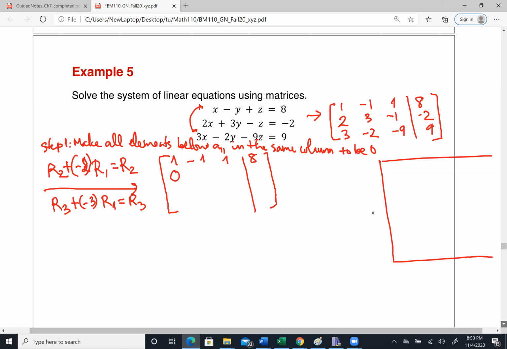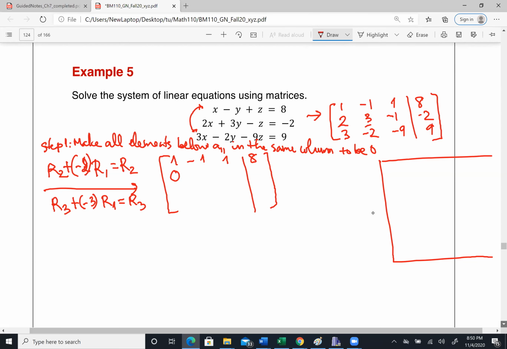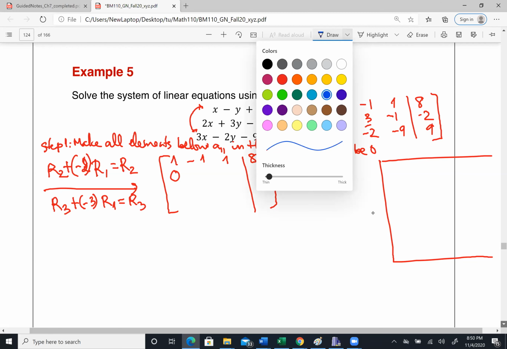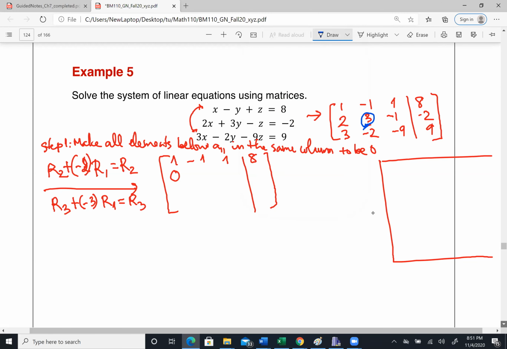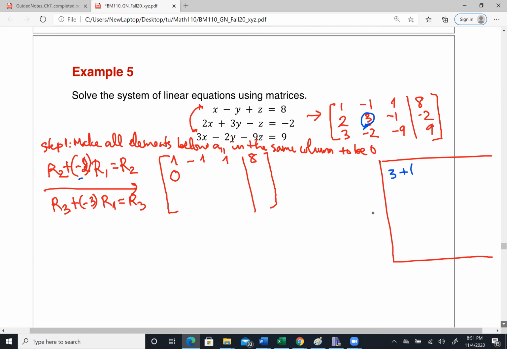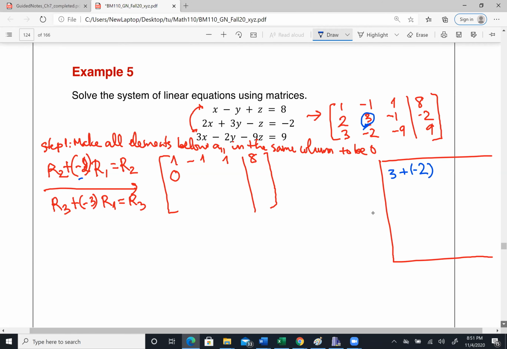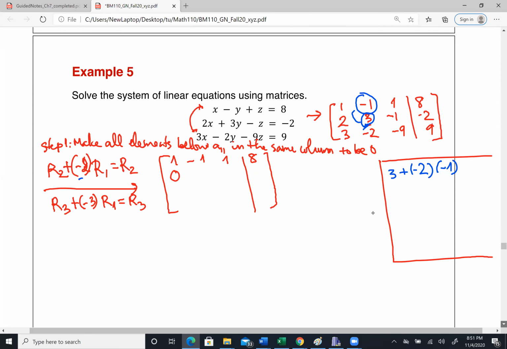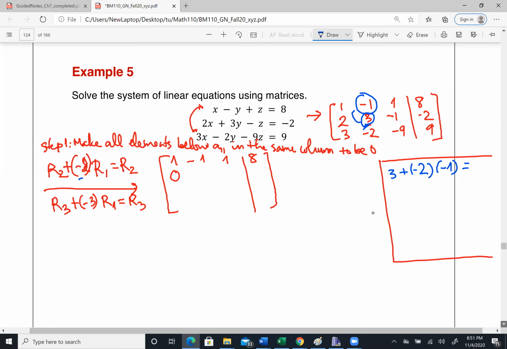Now move to the second term here. I have 3, which is R2, plus -2 multiplied with R1, which is here, -1. So 3 plus 2 is 5. Put 5.